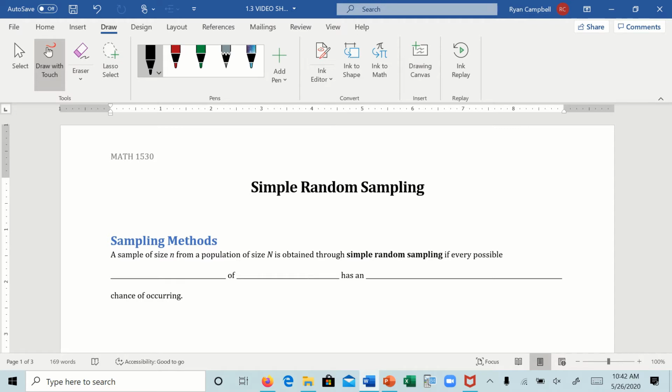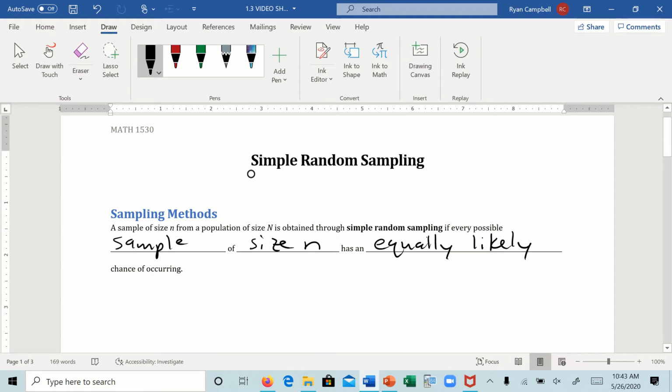Something like that. So a sample is obtained through simple random sampling, provided that every possible sample of size n, little n, has exactly an equally likely chance of occurring.